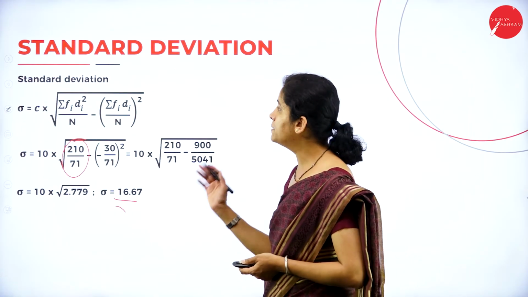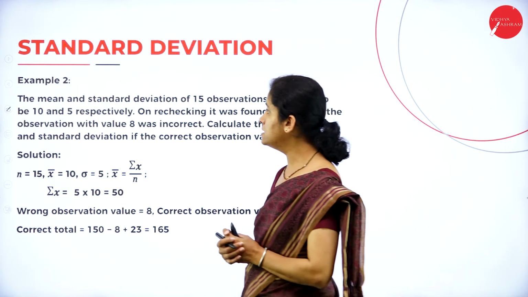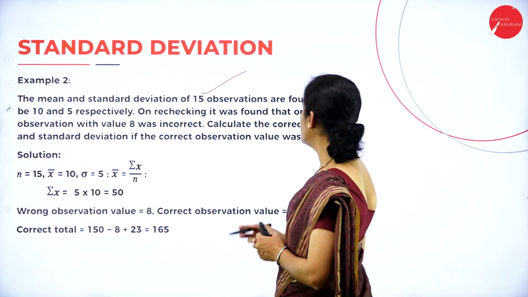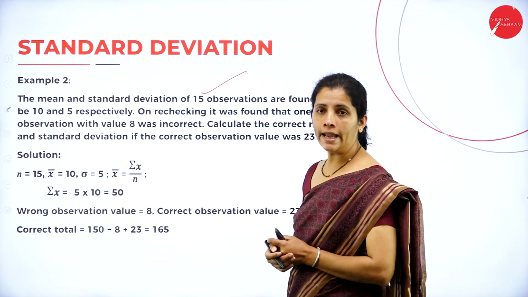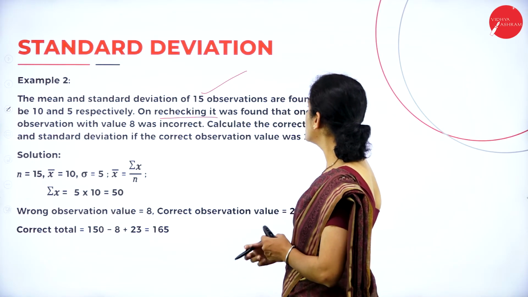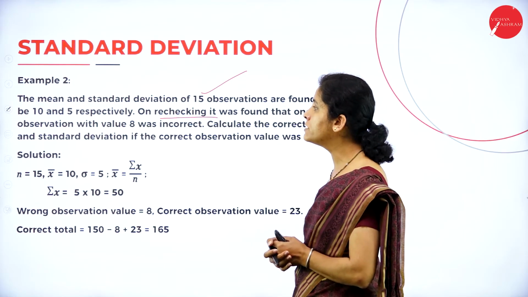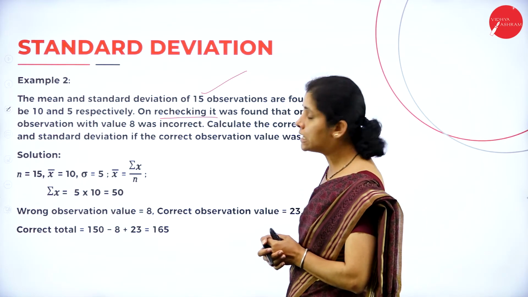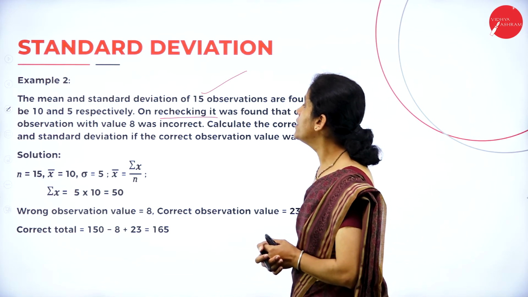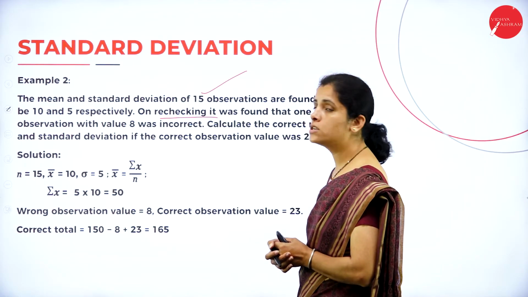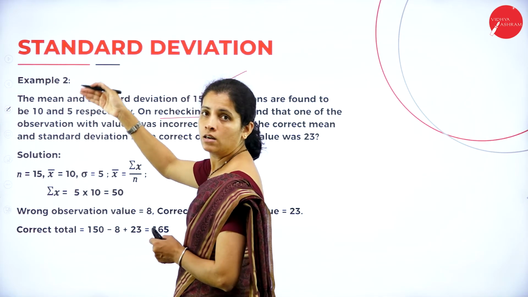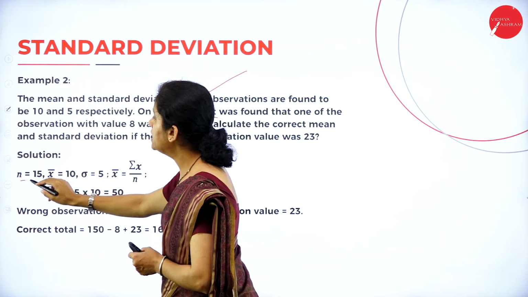So dear student, let me solve another problem, that is, the mean and standard deviation of 15 observations are found to be 10 and 5 respectively. On rechecking, it was found that one of the observations with the value 8 was incorrect. Calculate the correct mean and standard deviation if the correct observation value was 23. Now see here, from this question I'm going to get the data.